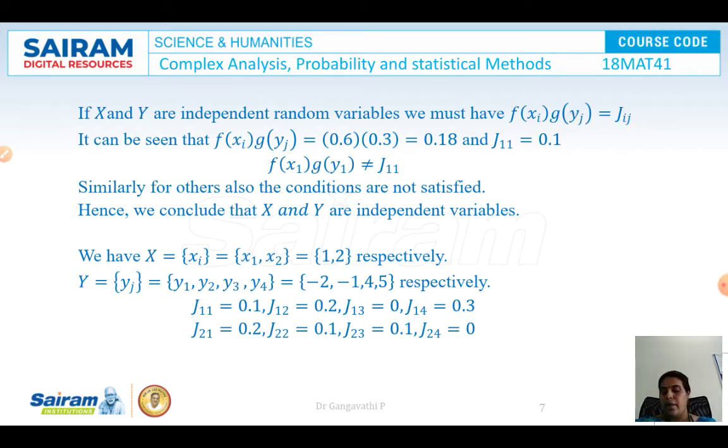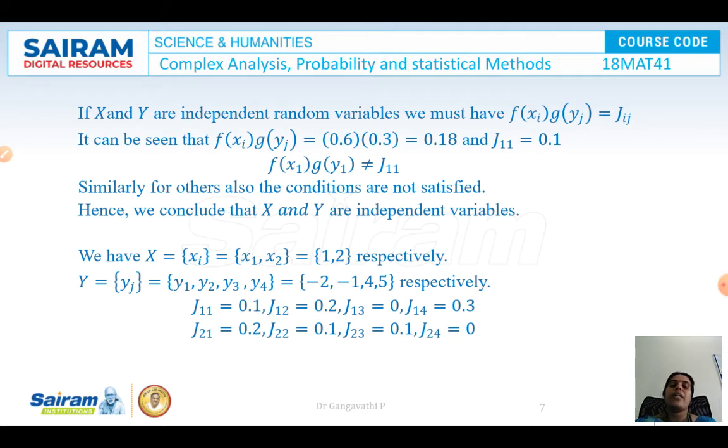Here, consider the first one: f of x1 is 0.6 and g of y1 is 0.3. When we multiply, it is 0.18. But from the table it is observed that j11 is 0.1. So the product f of xi into g of yj is not equal to j11, which shows that they are not independent, meaning they are dependent.